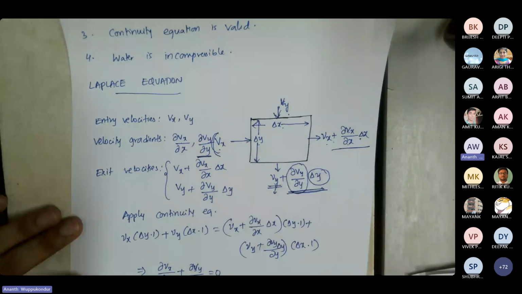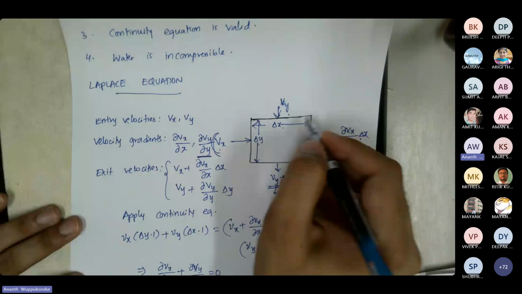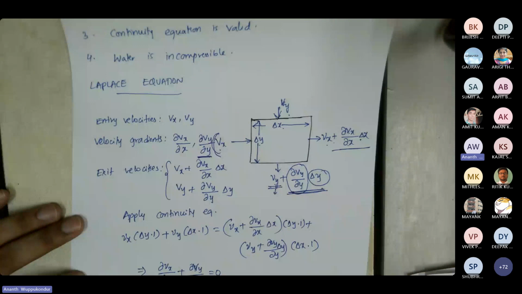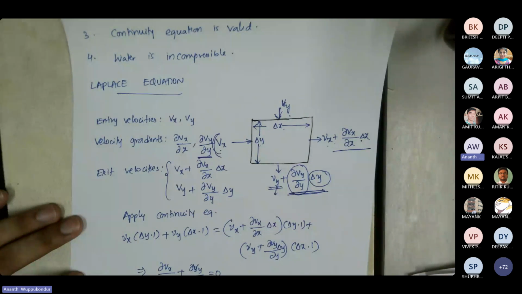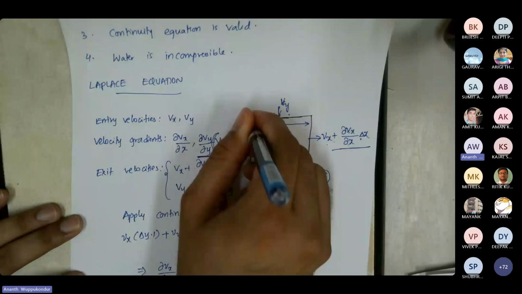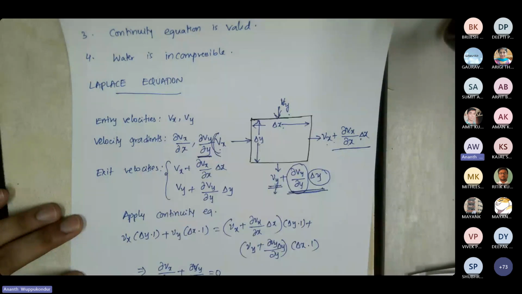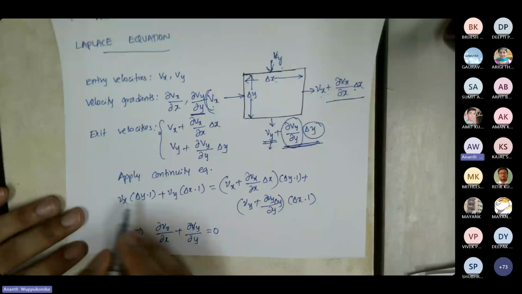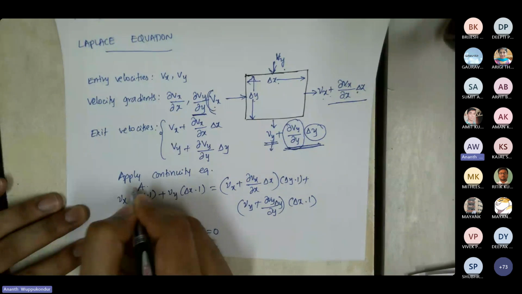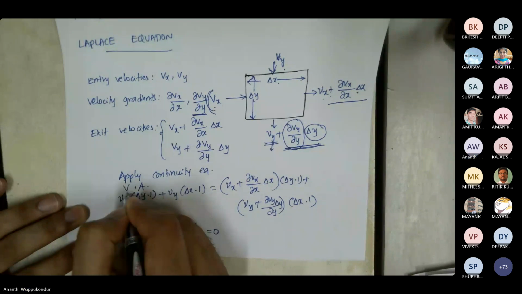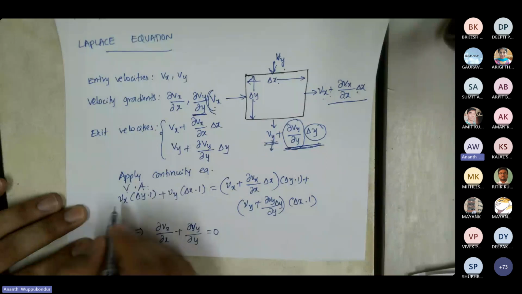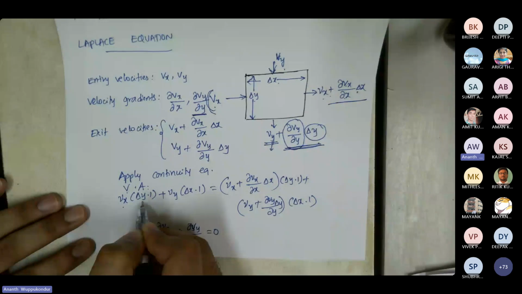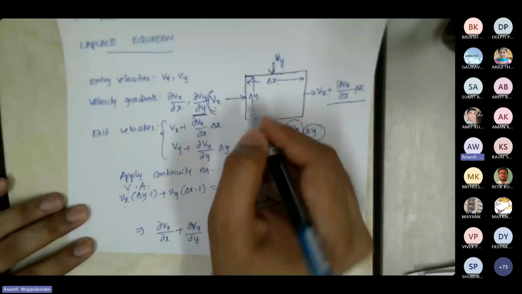So now for this small element, we know the entry velocities and exit velocities. And we also know the cross sections. If we are considering per unit length or unit width, which is into the paper, then we can apply the continuity equation for this element. The continuity equation is area times velocity. So we have velocity multiplied by area, which is Vx, and the cross section area is delta y multiplied by 1. 1 is the unit width.